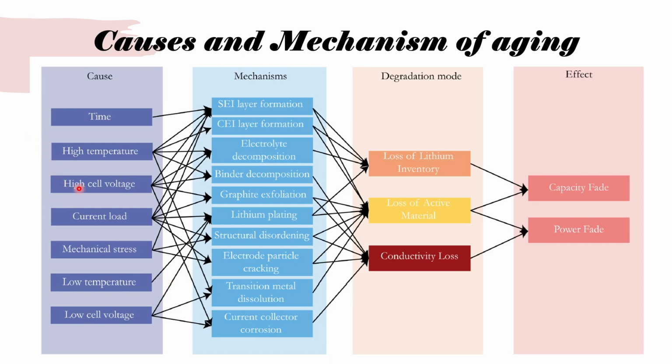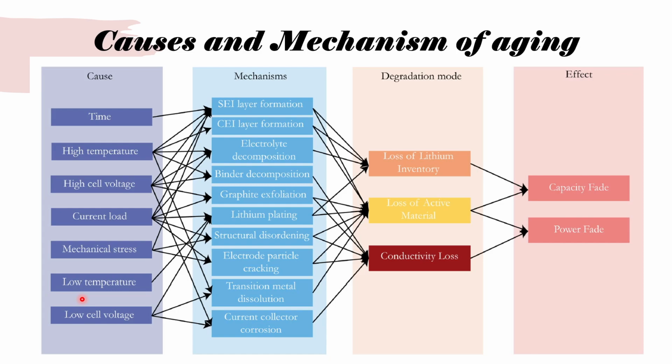Similarly, if you operate your cell on extreme voltage limits, which is high cell voltage or low cell voltage, then this will also increase cell aging. Current load, higher the current load, higher would be the degradation, and mechanical stress will also lead to some form of degradation. So these are the common causes.